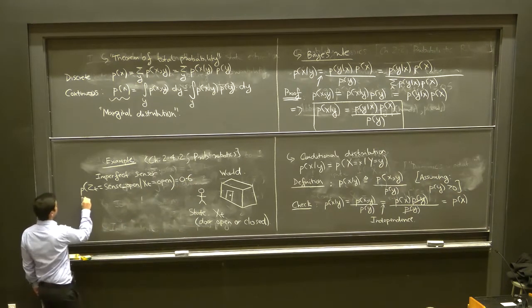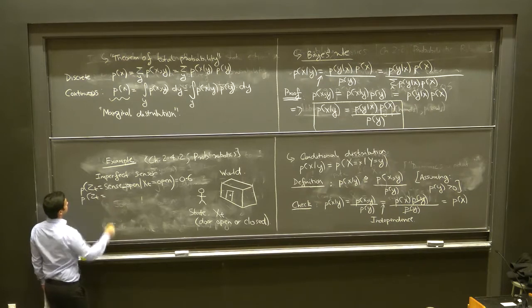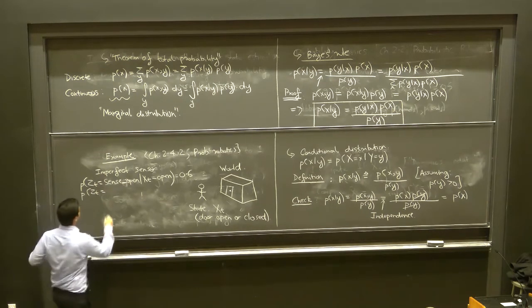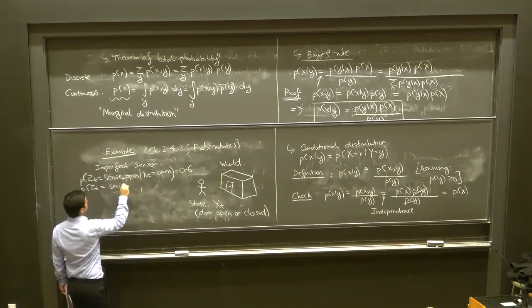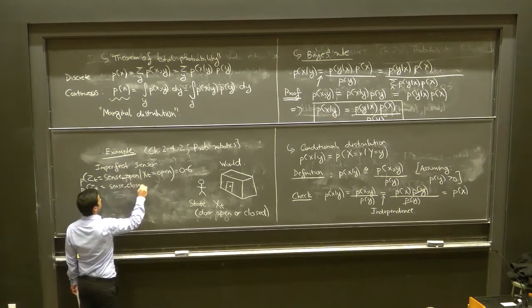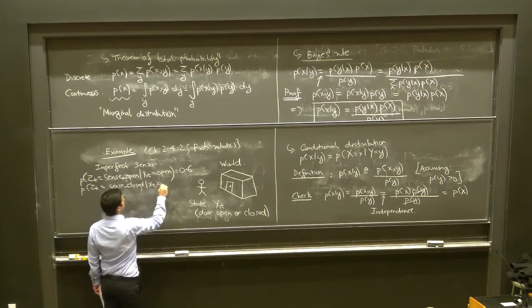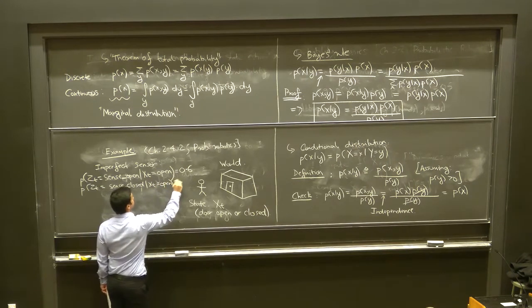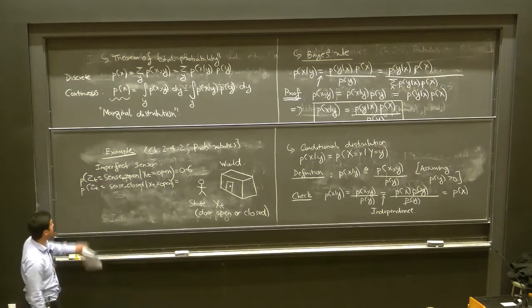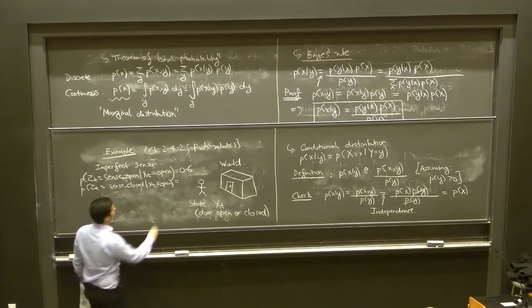And then the probability that the sensor reports that the door is closed, given that in fact the door is open, is just 1 minus 0.6, since the probabilities have to sum to 1, so it's 0.4.